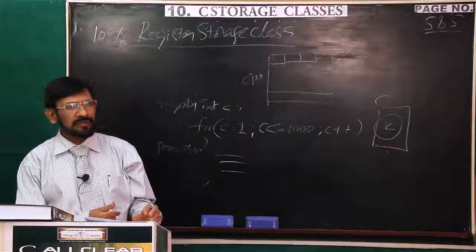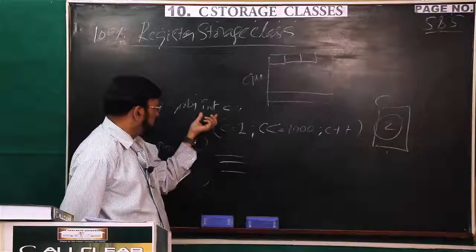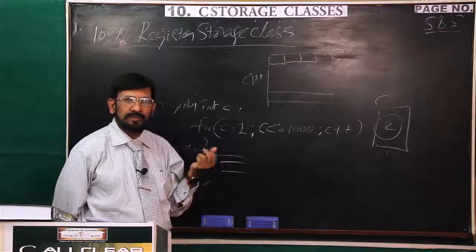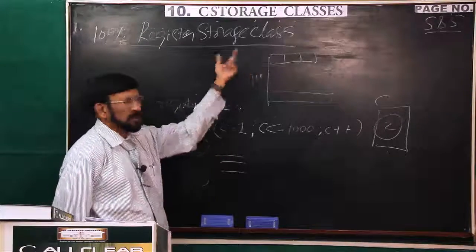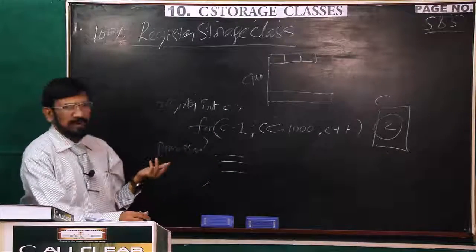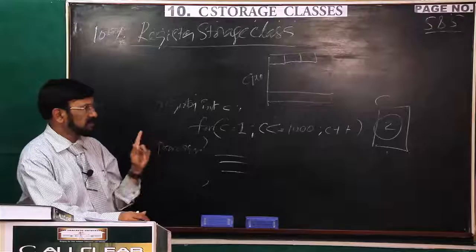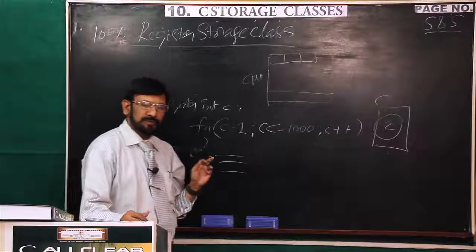Even if you make an integer value register, there is no guarantee; depending on the availability of CPU registers, the system may allocate. It is totally system dependent. You cannot instruct the system to do it.